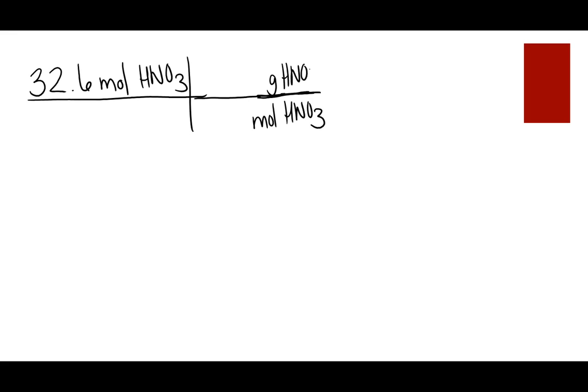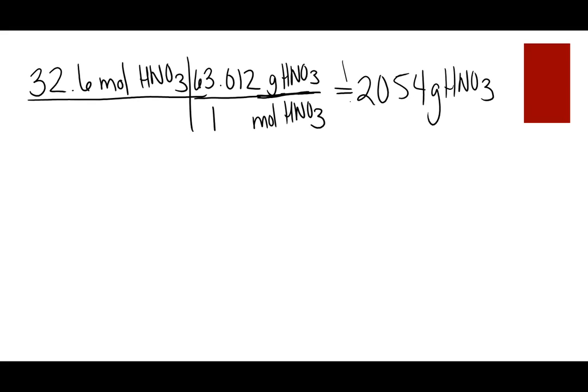Grams of HNO3. In 1 mole of HNO3, we've got 63.012 grams. Okay, so multiply across the top, divide by the bottom. So 32.6 times 63.012, and we get 2,054 grams of HNO3.